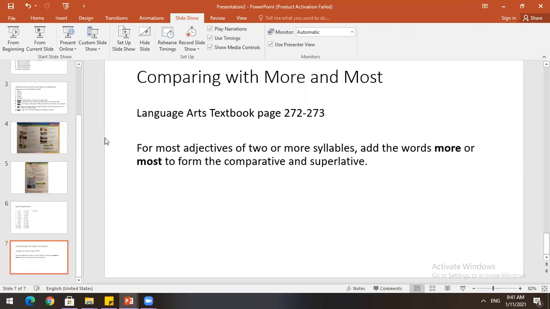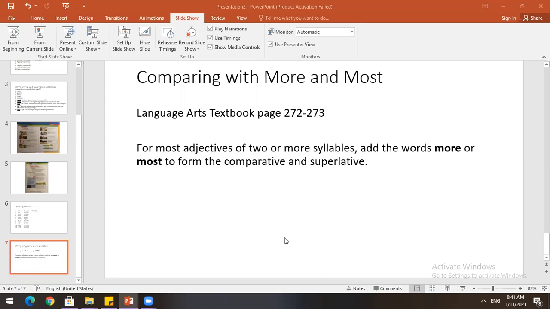When we have 2 or more syllables, can we say surprisinger? Can we say magicaler, magicalist? Here we must write more or most to form the comparative. So the comparative would be more magical and the superlative would be the most magical. It's very important to note, as Yassine read for us, that we cannot use both more and most and also ER or EST.